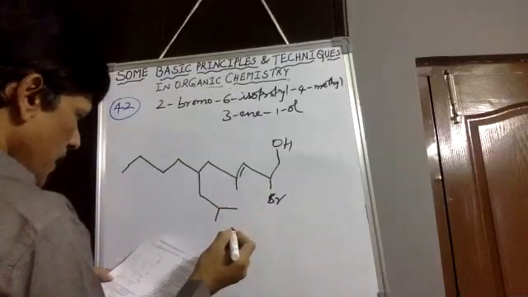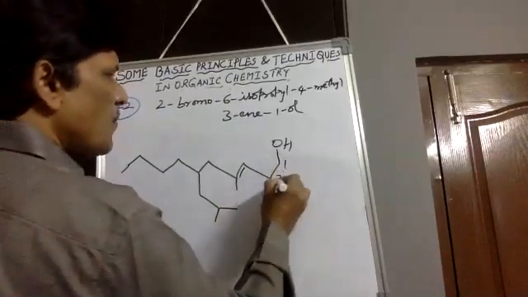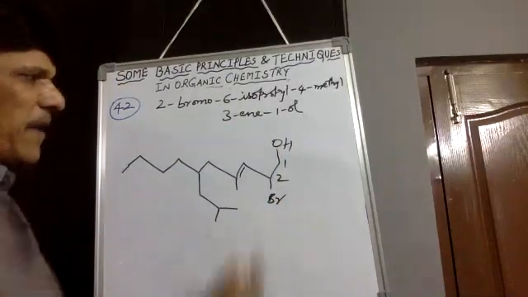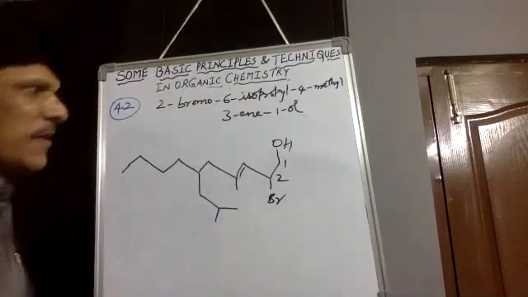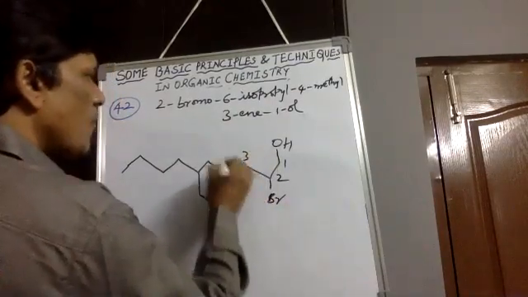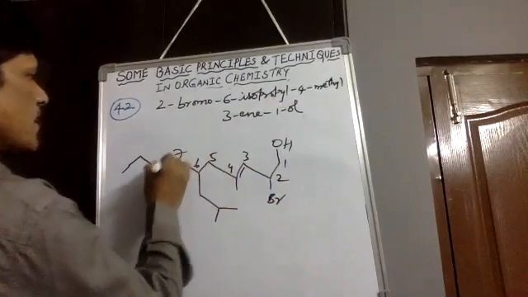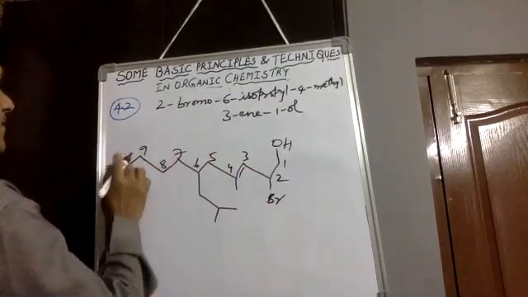It's the isopropyl. Now, numbering, because the OH group is the higher priority group than bromine or the double bond. Therefore, 1, 2, 3, 4, 5, 6, 7, 8, 9, 10.